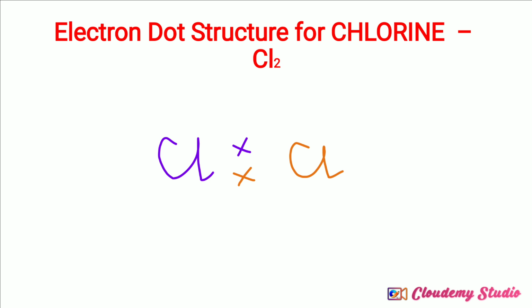That is, between the chlorine atoms, one single bond will be formed because of the formation of a pair of shared electrons.